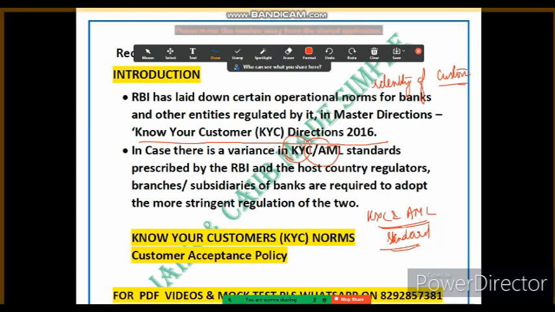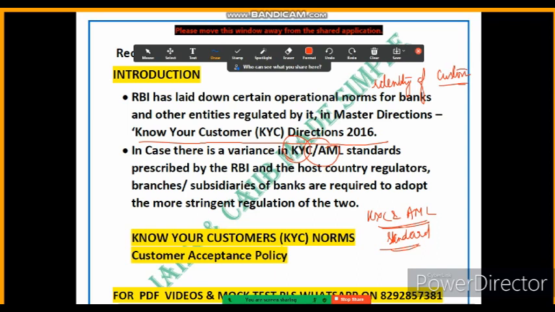In such a case, the branch or subsidiary of the bank is obligated to follow the stricter regulation, whether it's the RBI guideline or the host country regulation.